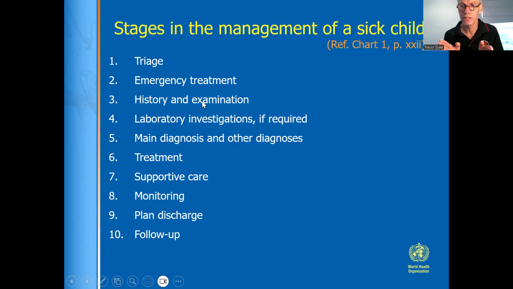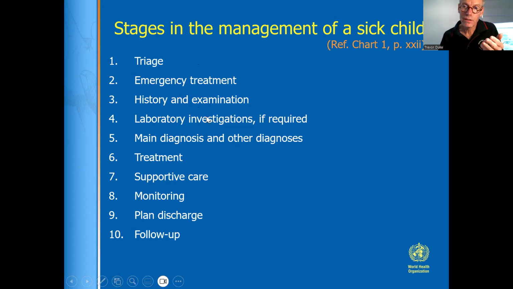All we know from the presenting complaint at the start was simply that the child had been unwell for 8 days with diarrhea and 2 days with poor feeding and irritability. But there's obviously more to the story, even just looking at Kobe, than simply that. So taking a proper history and doing an examination, and then doing some laboratory investigations if needed.